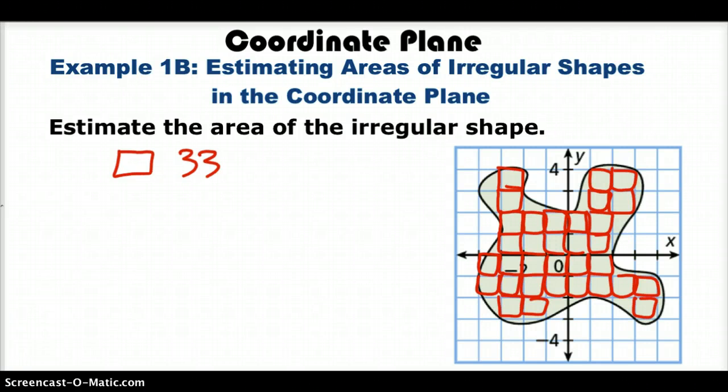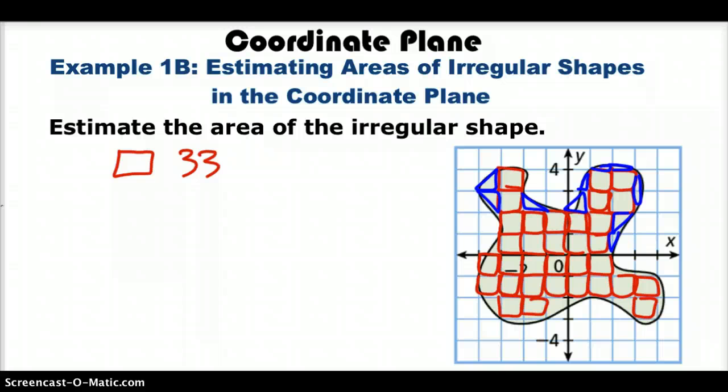Now let's do some triangles and figure out how many triangles we have. So I'll count that as 1, 2, 3, 4. I'll count these 2 as 5. I'll count these as 6, 7.